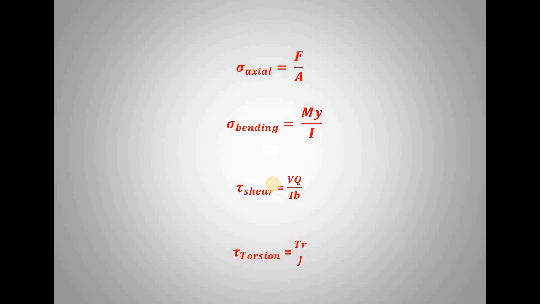But if a member is receiving lower stress, the strain is going to be less. So strain is basically the change in the length divided by the original length, and stress is basically the force divided by the area. And we have different types of stress: axial stress, bending stress, shear stress, and torsion stress.